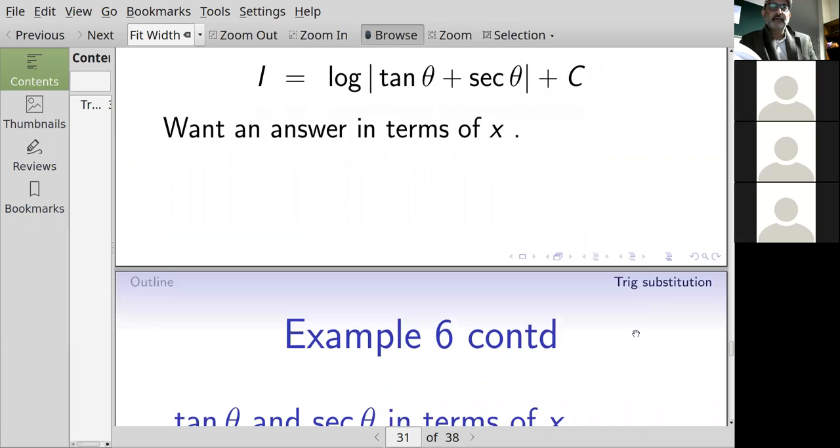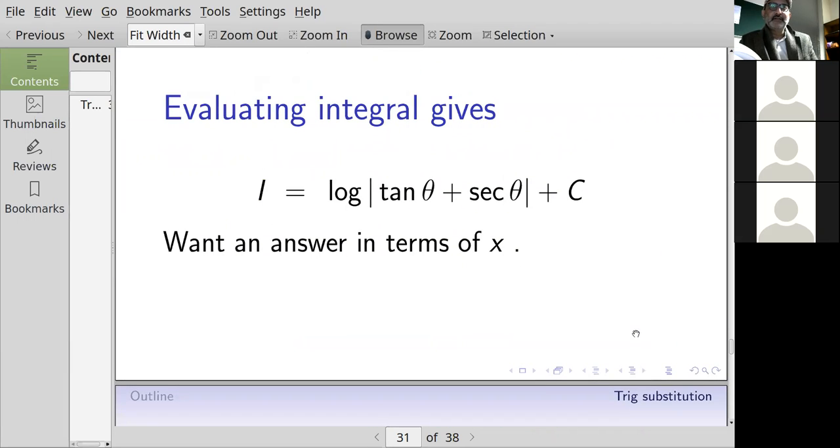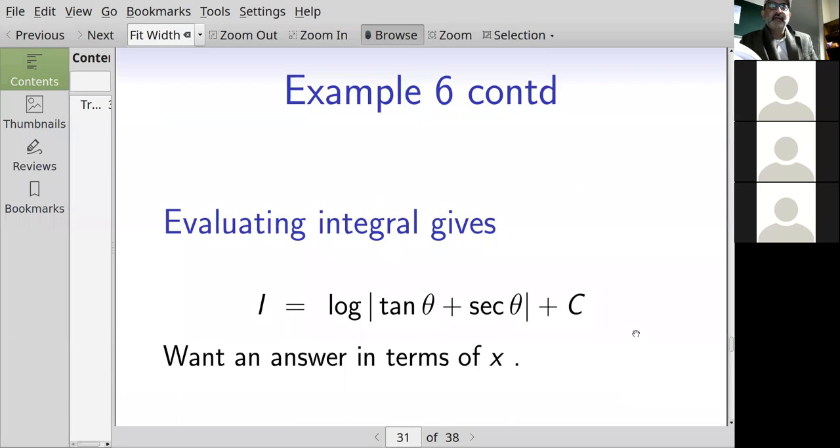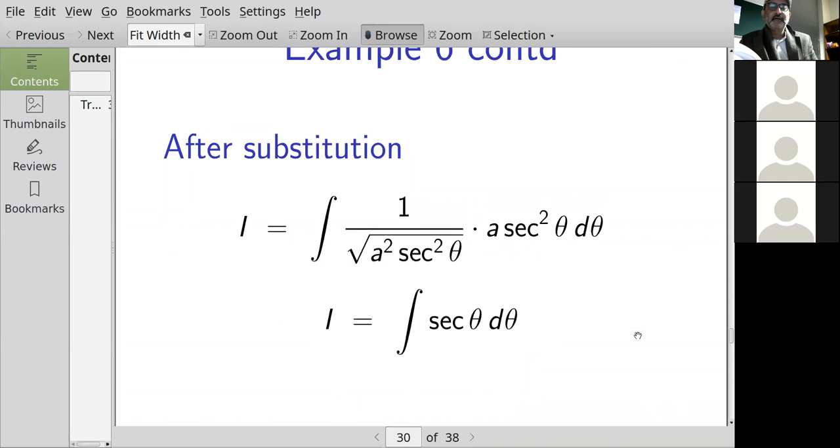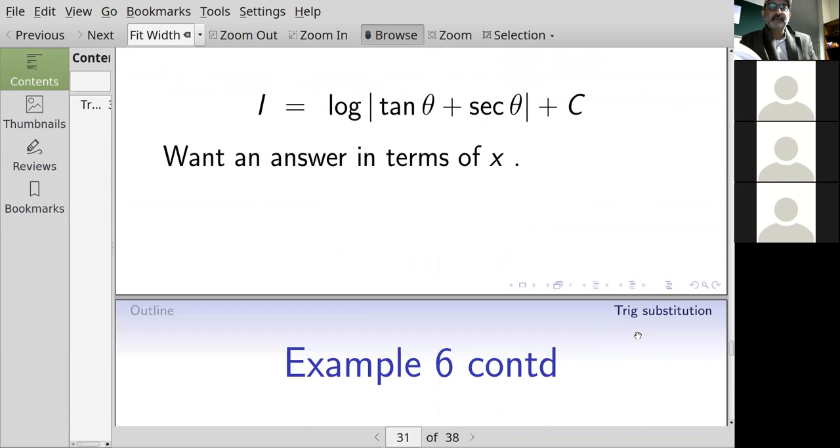Okay. Now, remember, we want the answer in terms of x. So remember, x was equal to a tangent theta. So what's tangent theta in terms of x? x over a. And secant theta, well, what was secant theta?